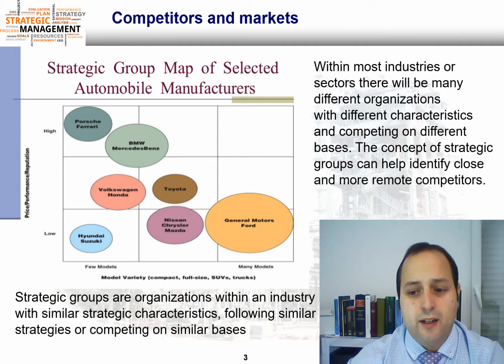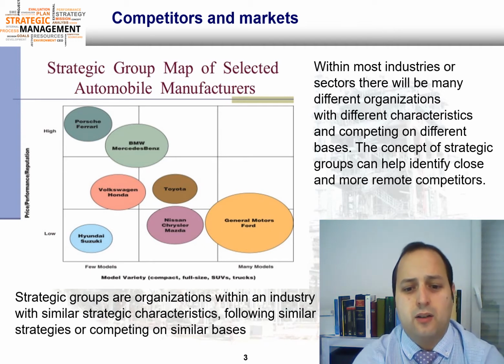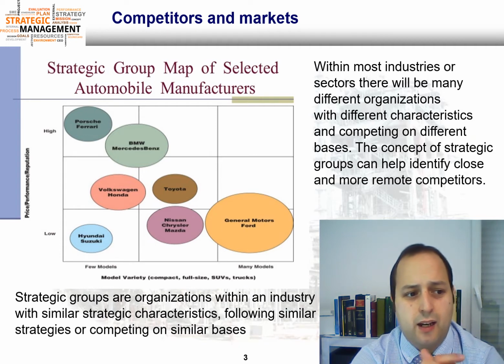Here you can find a definition. Strategic groups are companies within an industry or sector with similar strategic characteristics, following similar strategies, or competing on similar bases. As we were saying, nowadays, unless we find a monopoly or oligopoly, which is quite rare in all industries or sectors, we are going to find competition. We are going to find a lot of different companies with different characteristics competing on different bases.